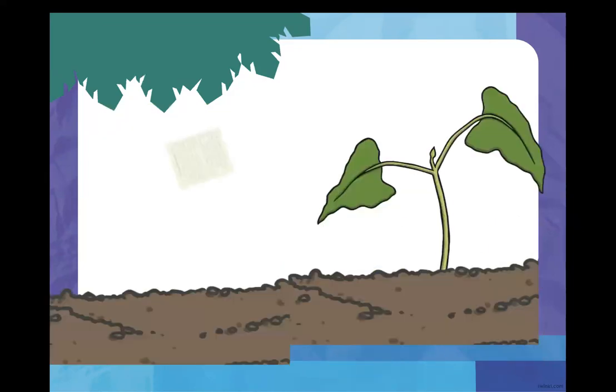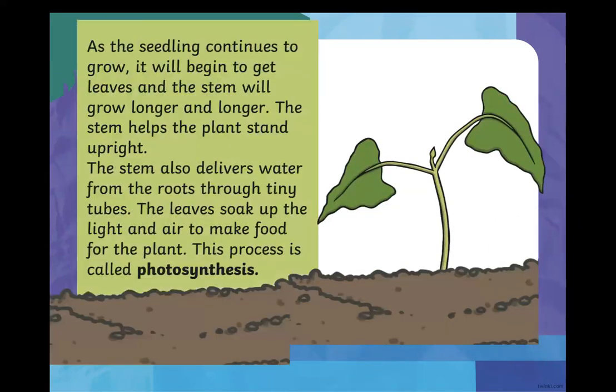All right, so now your plant is this big. As the seedling continues to grow, it will begin to get leaves, and the stem will grow longer and longer. The stem helps the plant stand upright to get enough sunlight. The stem also delivers water from the roots through tiny tubes. The leaves soak up the light and air to make food for the plant. You met photosynthesis earlier.